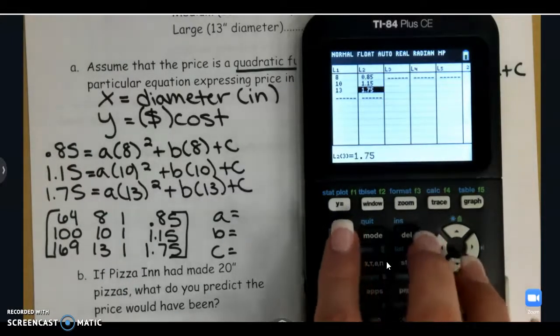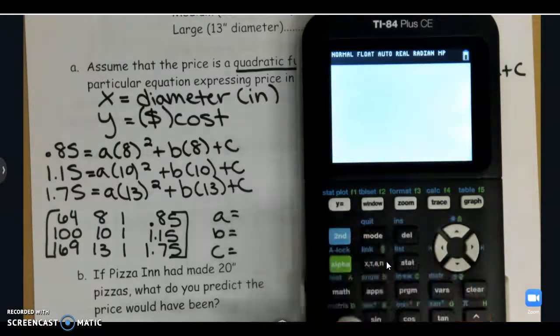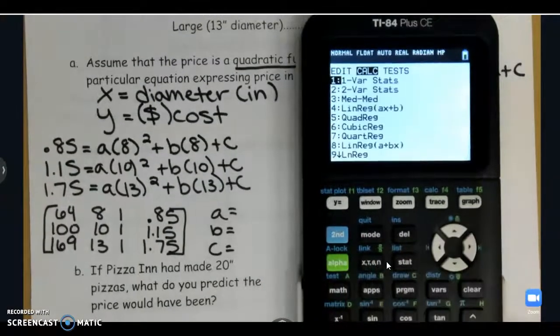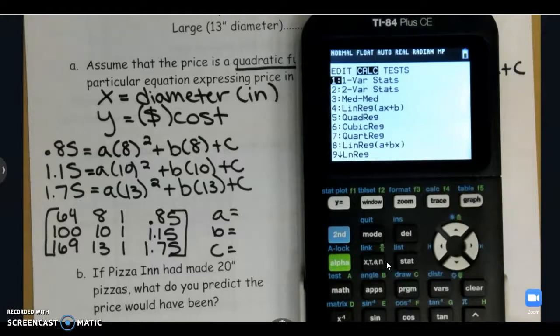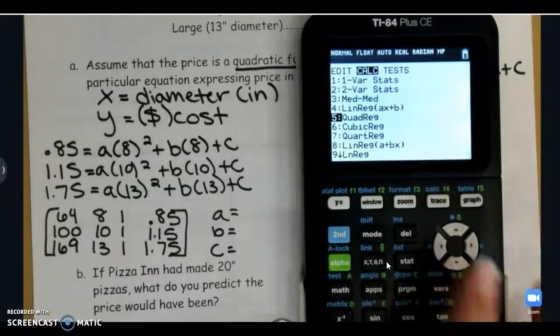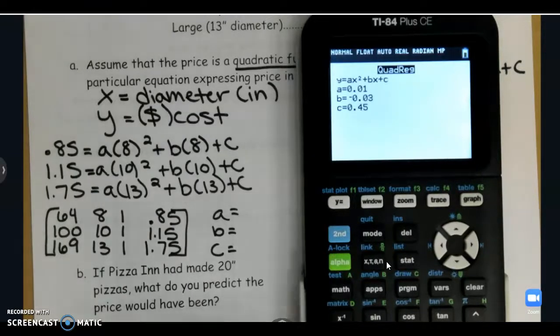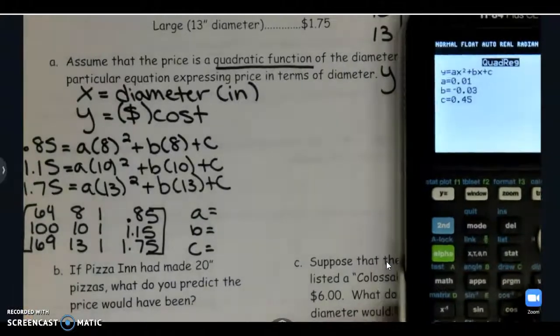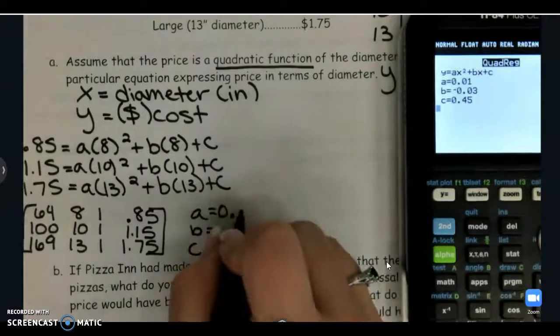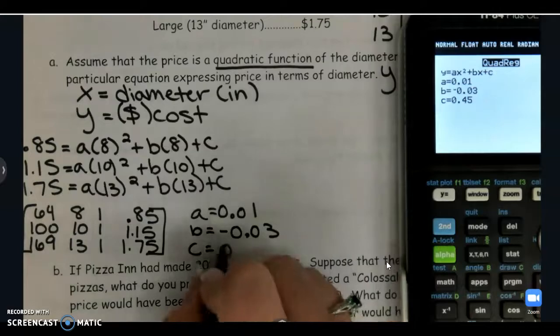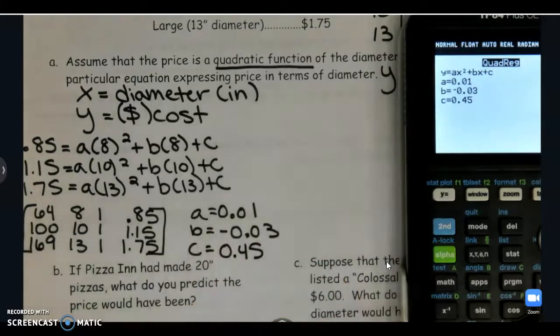So once you have everything in your list, you're going to exit, go back to Stat, arrow over to Calc, and then you're going to go down to option 5, Quadratic Regression. So then you have your L1 and L2, hit enter all the way down to calculate, and then it will give you a, b, and c. So a is 0.01, b is negative 0.03, and c is 0.45.